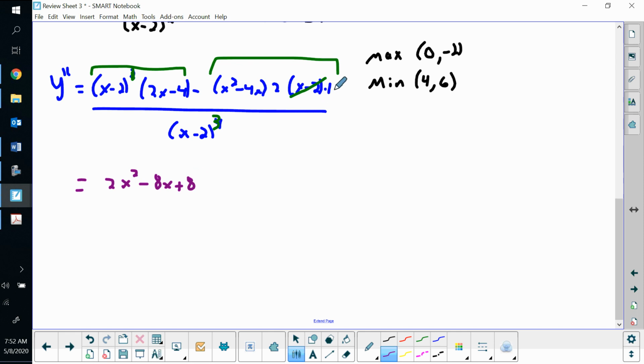Over here, the 1 times the 2 gives us 2. 2 times the negative here is -2, so we'll distribute a -2 through, and we get -2x squared plus 8x, all over x minus 2 to the third. Quite nicely, the x squareds cancel out, the x's cancel out, so we just have 8 on top.